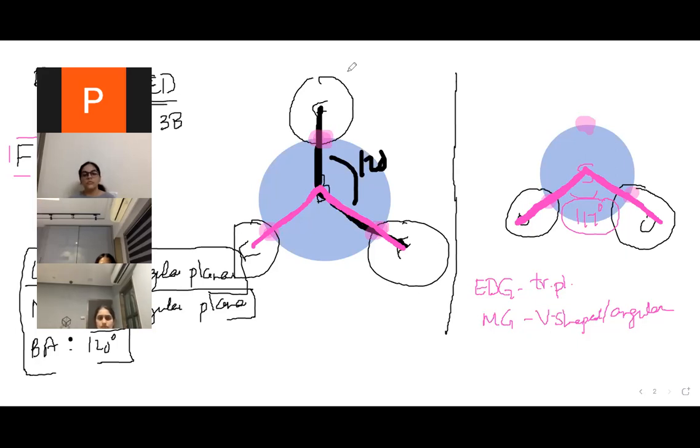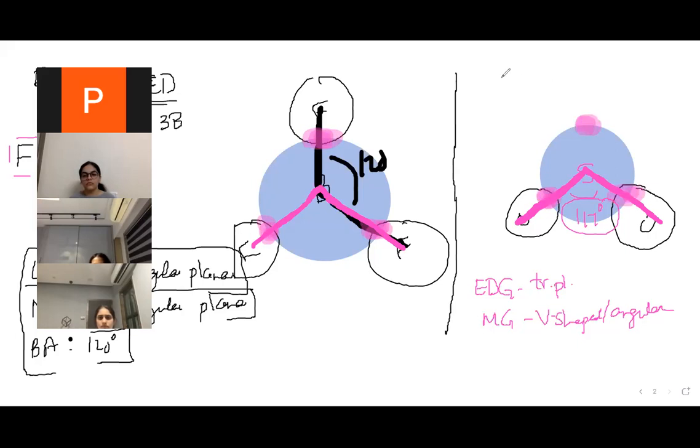So they are positioned exactly equidistant from each other, because all three are equally strong. But here, this electron domain and this electron domain are bonded, whereas this one is lone.